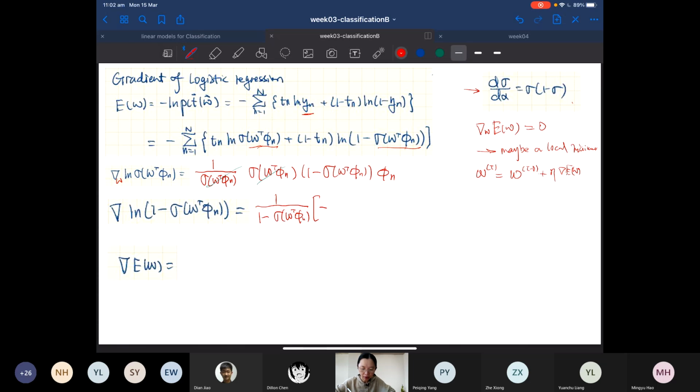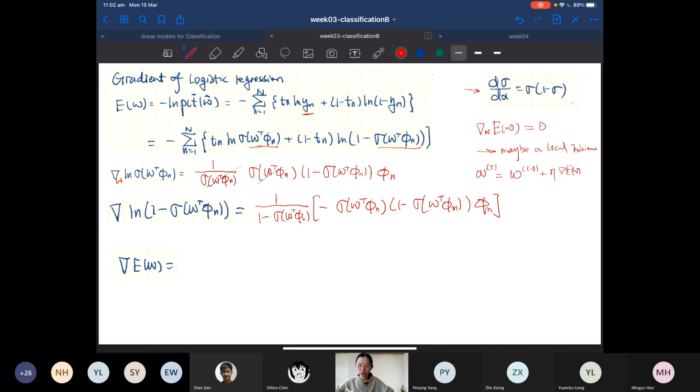Right, so if we differentiate the second term with respect to W, then it's going back to what we just did upstairs, but with a negative sign. So let's do that. Just record that. Phi n, 1 minus sigma W transpose phi n. Okay, we just don't need to do extra work. Right, phi n. We are done.